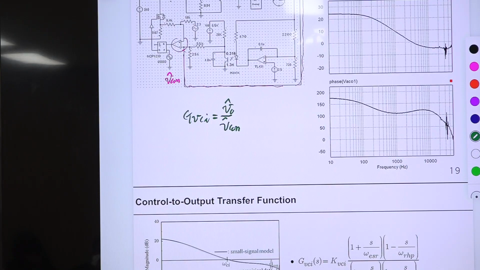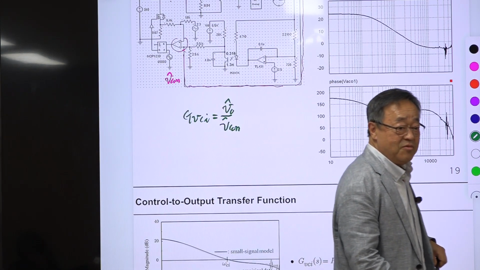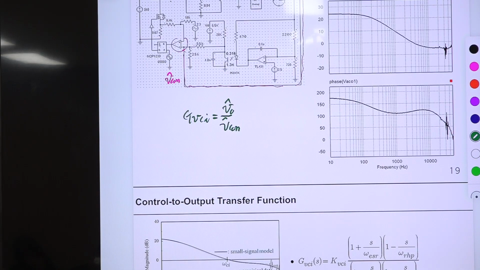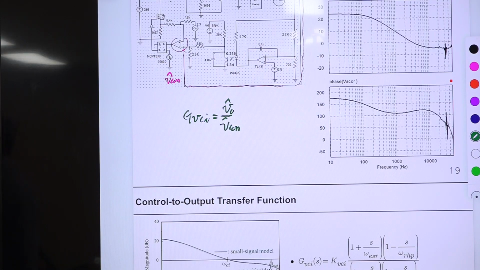But if you follow this guideline, you can forget about the sampling effect. In most cases, some smart guy was cheating us, so forget about that. This is called the classical design approach.